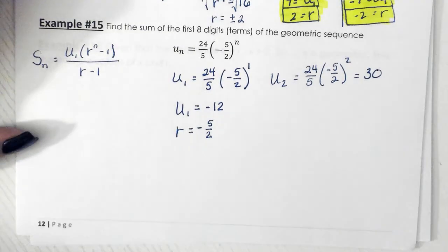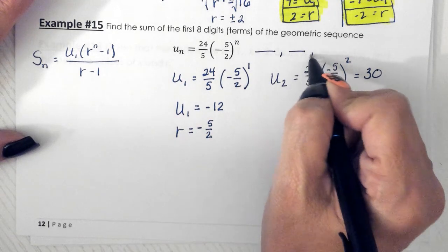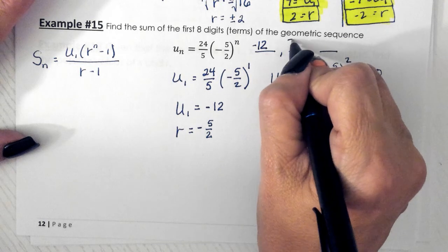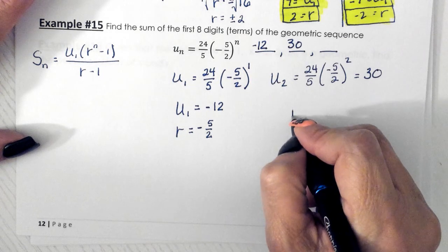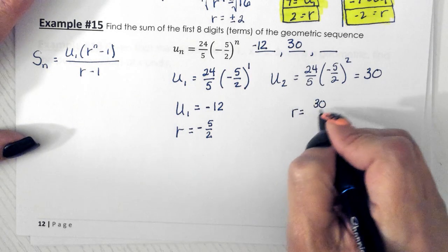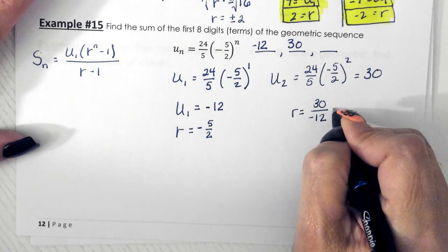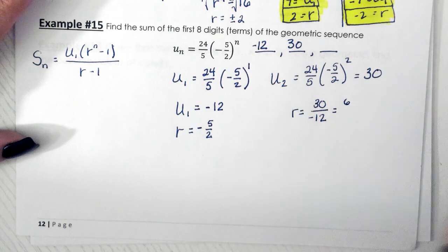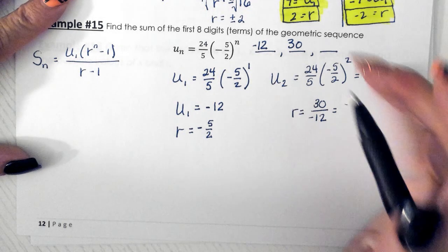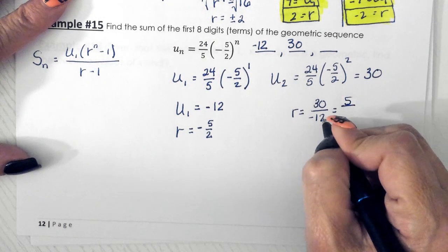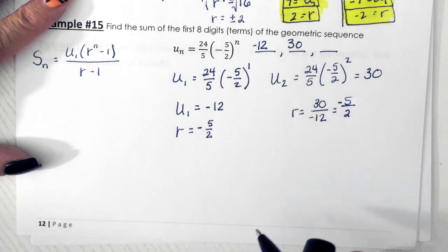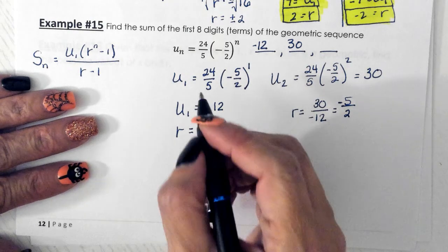Then remember, if I was putting my blanks, the first term was negative 12, the second term was 30. So R would be 30 over negative 12. Oh yeah, 6 goes into that 5, 6 goes into that 2, and it would be a negative. And then you could find it that way. But hopefully you can see that it's just right there.